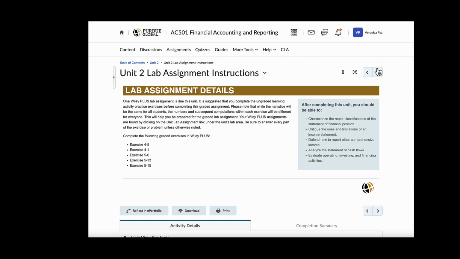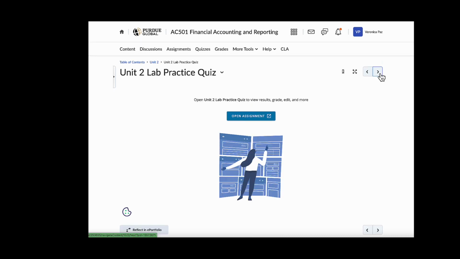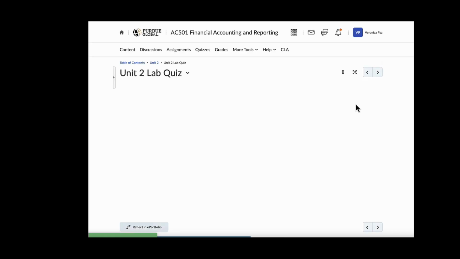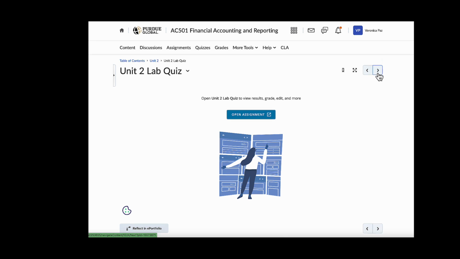And then you have your lab assignments, and in the lab you are going to be completing these exercises within Wiley Plus. Just click Open Assignment and begin. When you are ready, just click Open Assignment and it will link you directly to Wiley Plus so you can gather that information and then take care of the Unit 2 quiz after you complete the practice quiz.